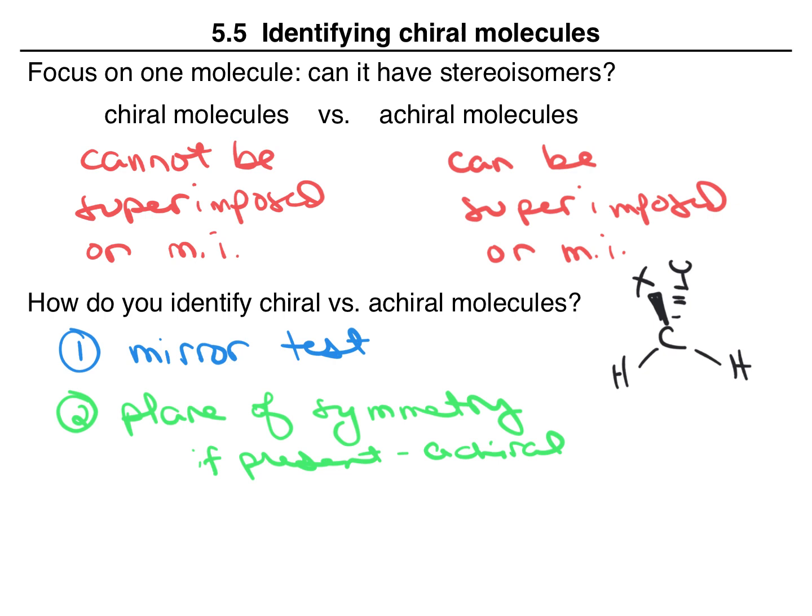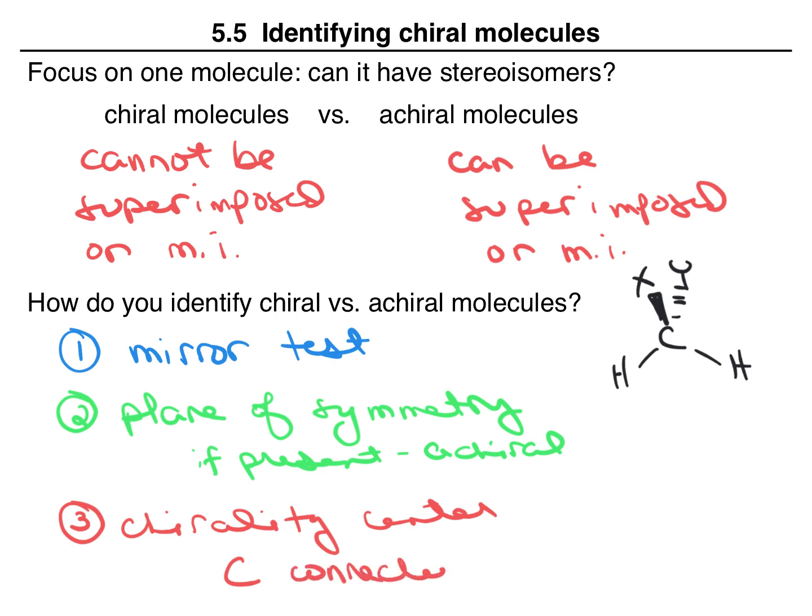A third way that we can try to identify chiral versus achiral molecules is to look for a chirality center. So a chirality center is where we have carbon connected to 4 different groups.